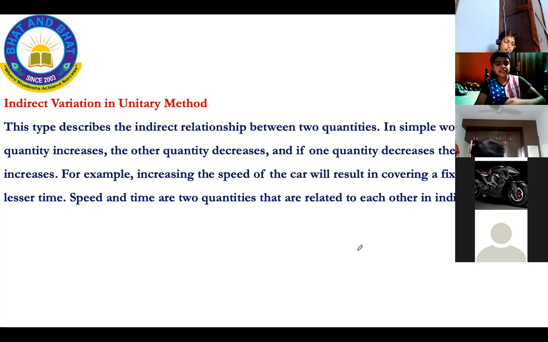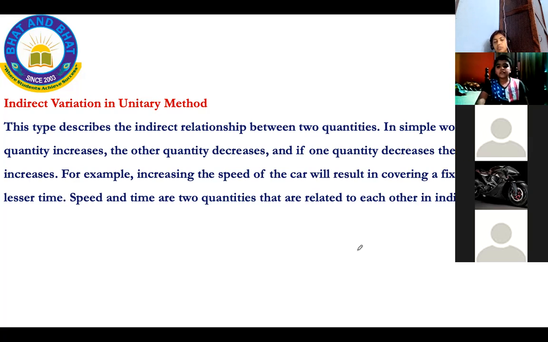Ma'am, can you teach this again, ma'am? I did not get this indirect variation. Now, what did I tell? Your school is 10 kilometers from your house, and every day when you go, you take half an hour to reach school. But then one day you increase the speed with which you are going.